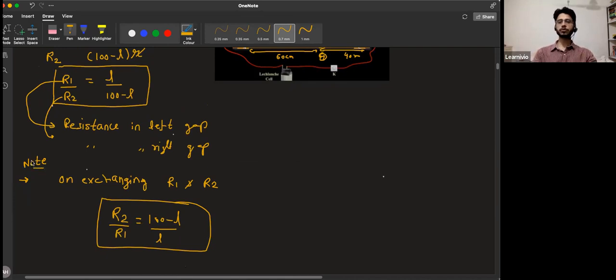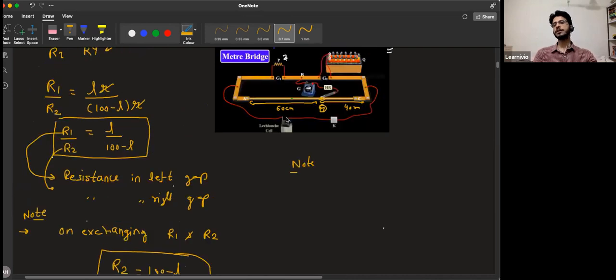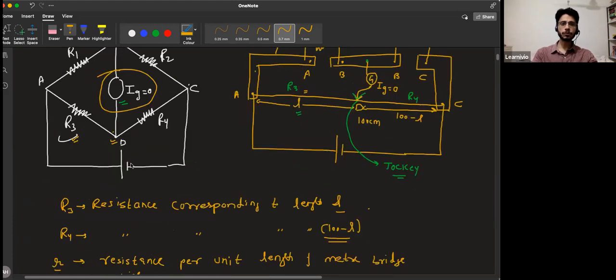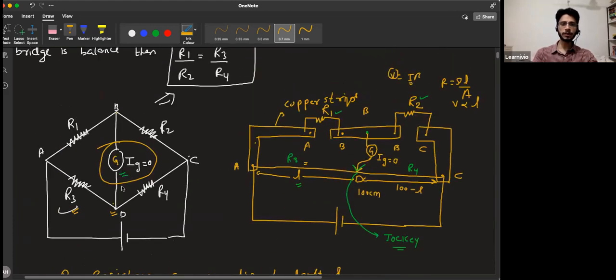The next conceptual question that can be asked is, what will happen if we interchange the galvanometer itself? On interchanging, the Wheatstone bridge does not change. Like in this Wheatstone bridge, instead of this galvanometer I place this cell, and instead of the cell I place the galvanometer, then there will be no effect on the Wheatstone bridge. There will be no change in the balancing condition, everything will remain as it is.